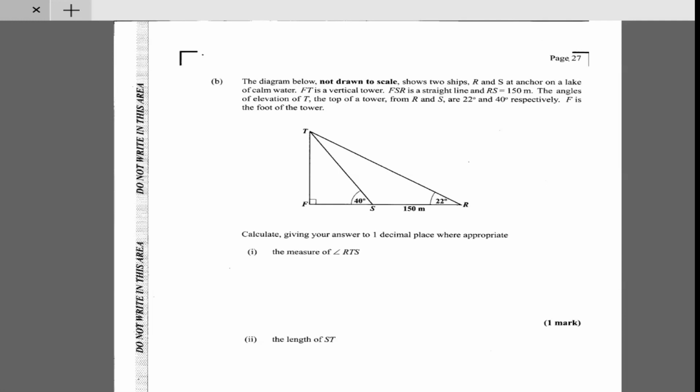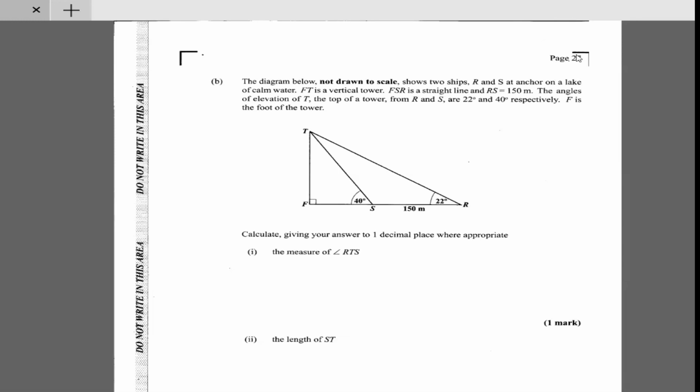FT is a vertical tower, FSR is a straight line, and RS is 150. The angles of elevation of T, the top of the tower, from R and S is 22 degrees and 40 degrees respectively. It says F is the foot of the tower. Calculate, giving your answer to one decimal place where appropriate, the measure of angle RTS.